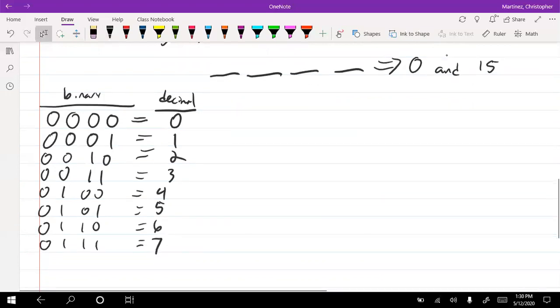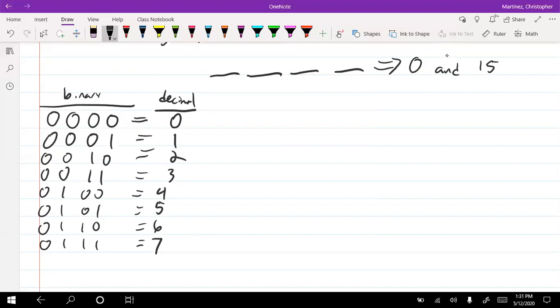Now, as we write these down, be aware that if I keep moving the numbers consecutively, 0, 1, 2, 3, 4, 5, try to look at what the pattern is going to be on the binary side. We see that the least significant digit alternates 0 or 1, 0 or 1, 0 or 1.